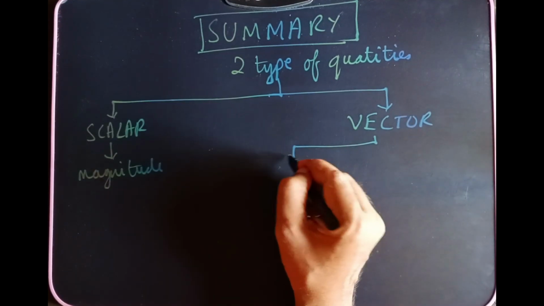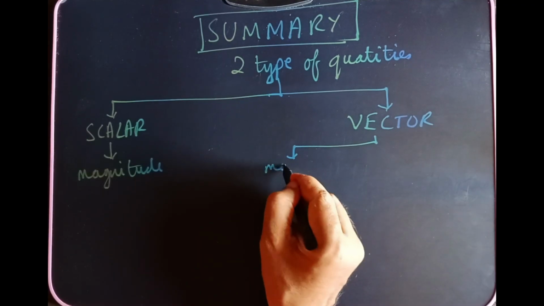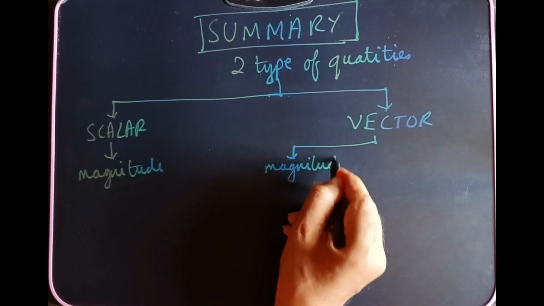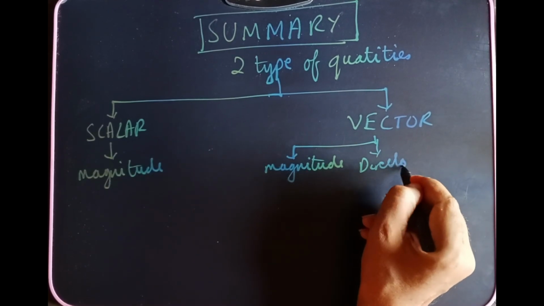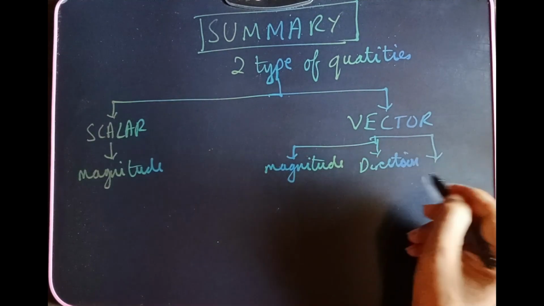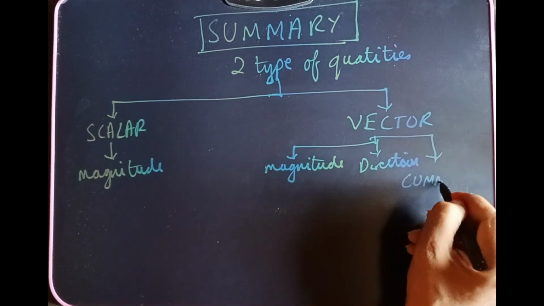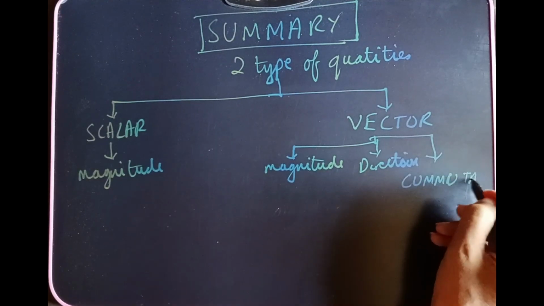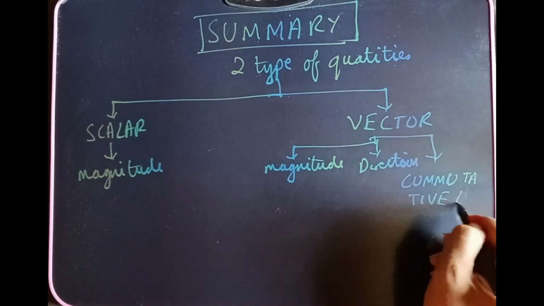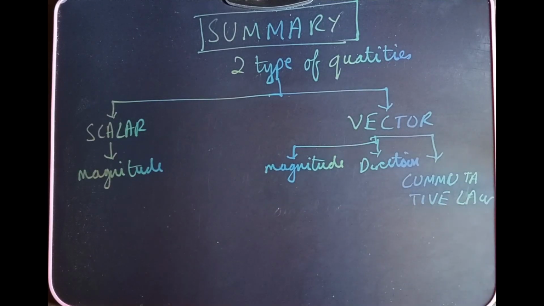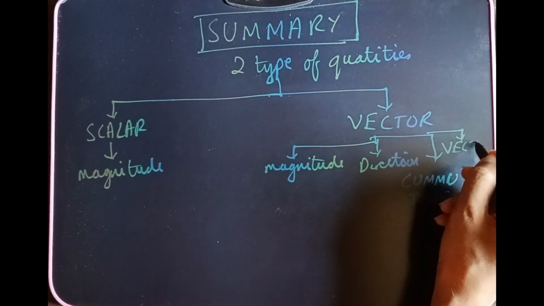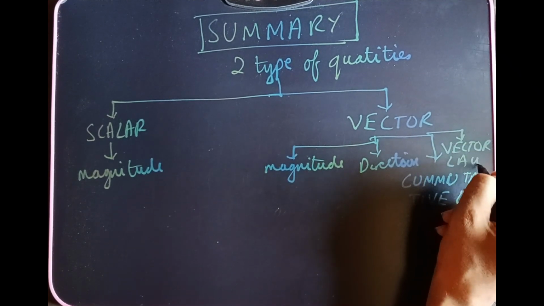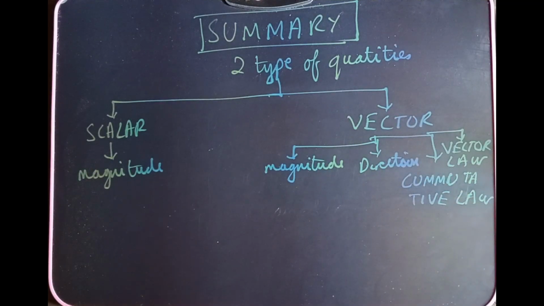Vector has magnitude, it has direction, it obeys the commutative law and the vector law as well. It has to follow all these laws, then only it is called a vector.